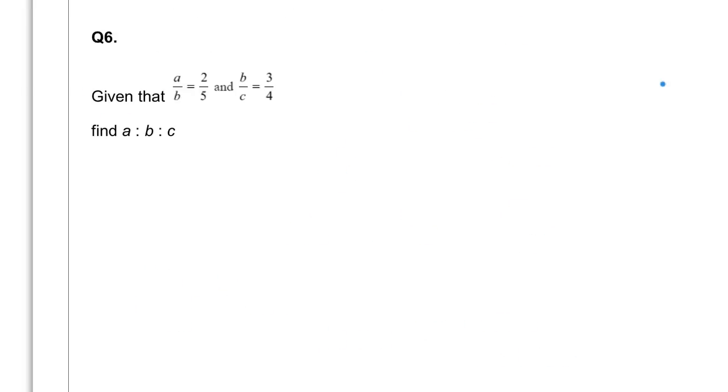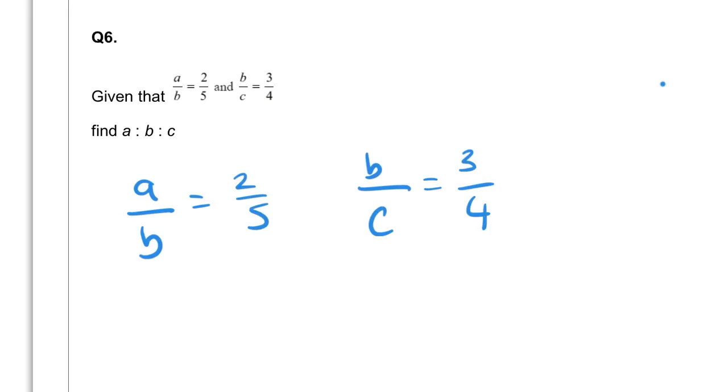Okay, question 6. So what we're going to do now is we have some equivalent fractions and then we've got to find the ratio. So what we know is that A over B equals 2/5, but B over C equals 3/4. So to find the ratio, I can see that on both sides I have B's in common.